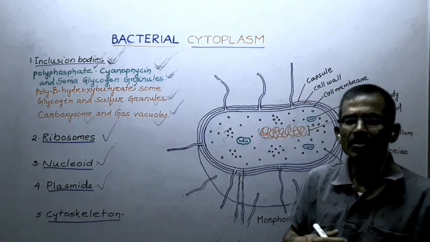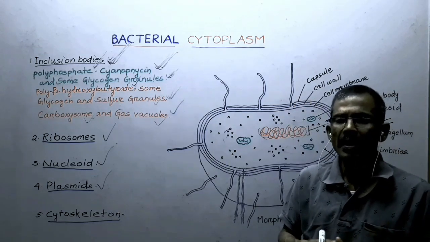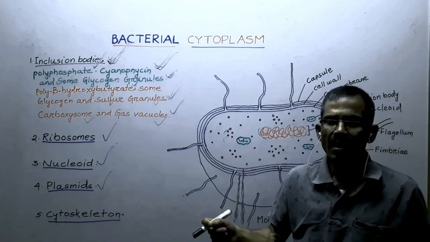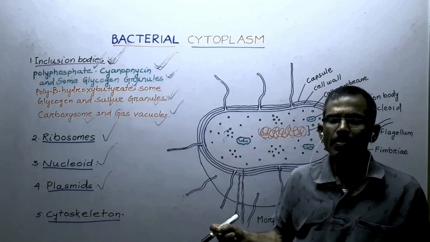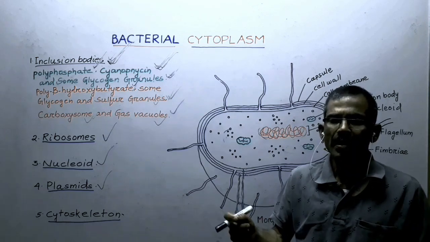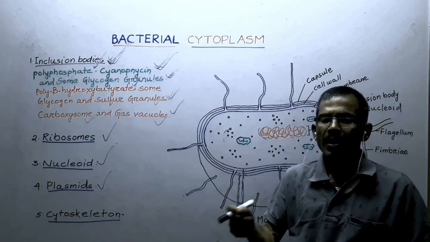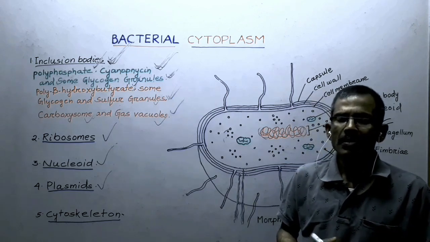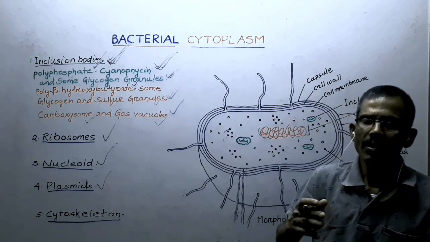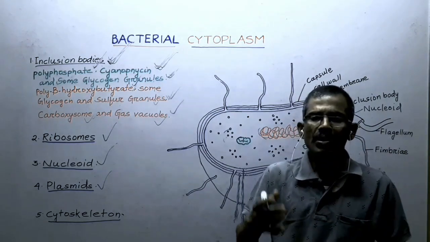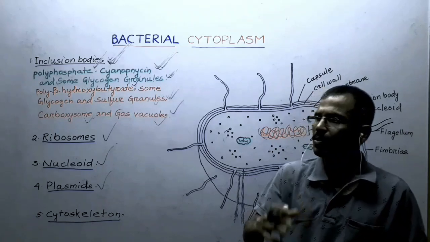Poly-beta-hydroxybutyrate granules contain beta-hydroxybutyrate molecules which are linked together by ester bonds between the carboxyl and hydroxyl groups of adjacent molecules. Cyanobacteria and other photosynthetic bacteria contain two distinctive organic inclusion bodies.